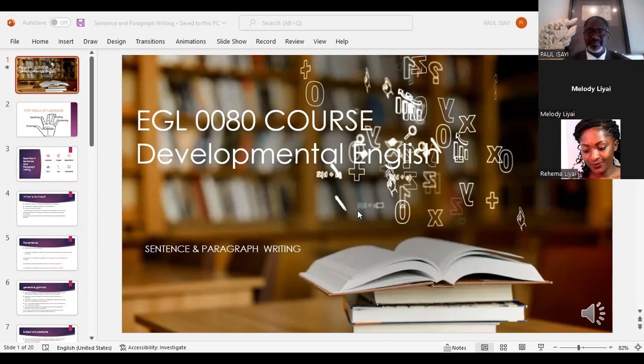Yes, 4: box. There are 4 sounds. But how many letters are there? Only 3 letters. So you can see that this is a word that has 4 sounds but has only 3 letters.